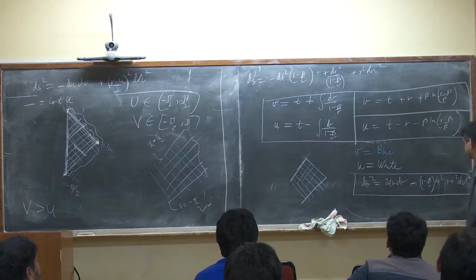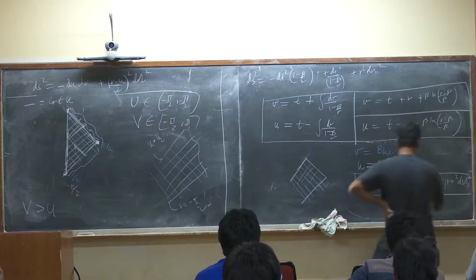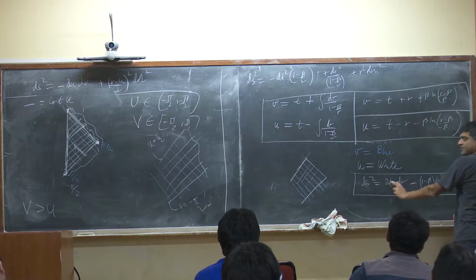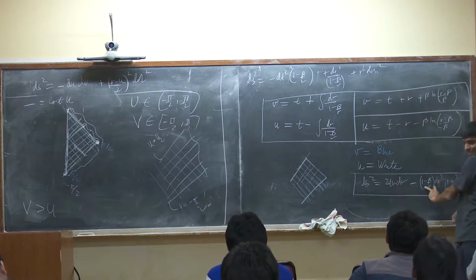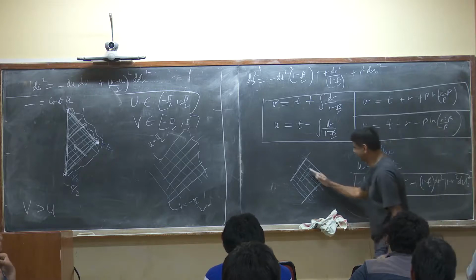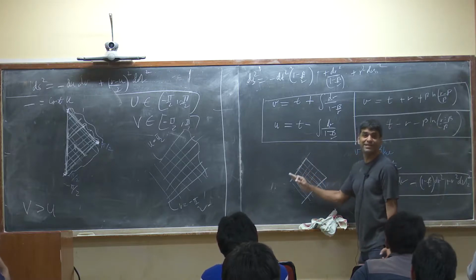At various different values of v, we encounter the surface r equal to beta. So these lines, these v equal to constant lines, must be hitting the surface r equal to beta somewhere.